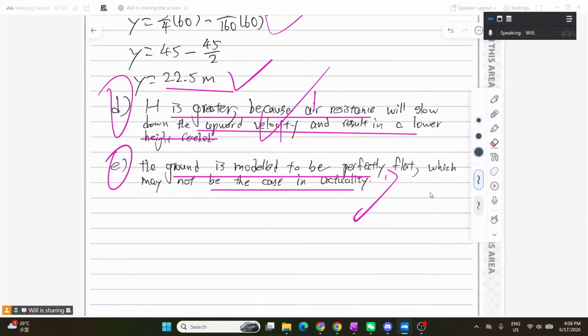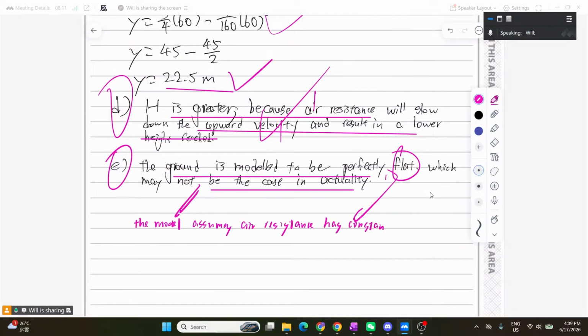The ground model to be perfect flat, which may not be the case in actuality. Or maybe we can say the model assumes air resistance has constant magnitude.